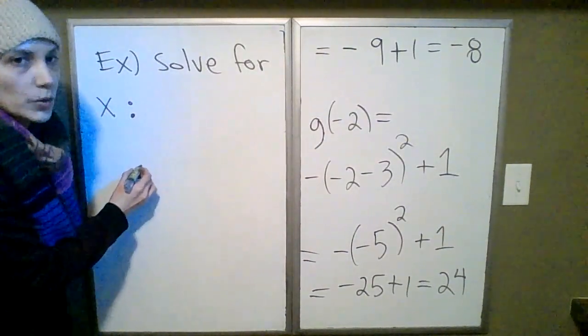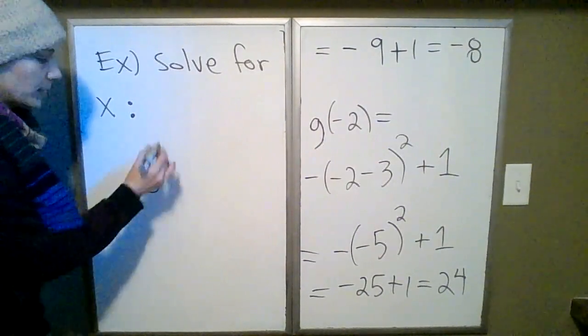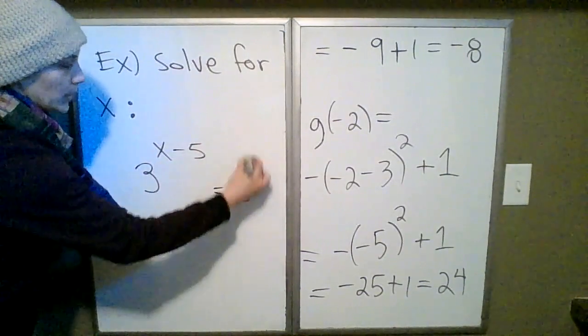Okay, we're going to use 3, and it has a power of x minus 5, and is equal to 3 squared.